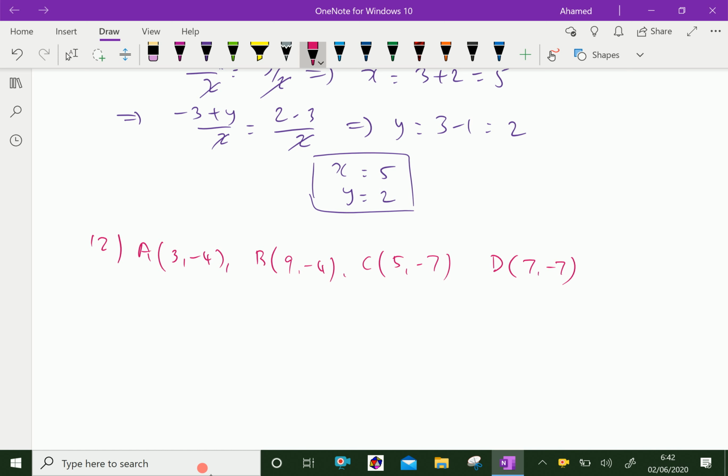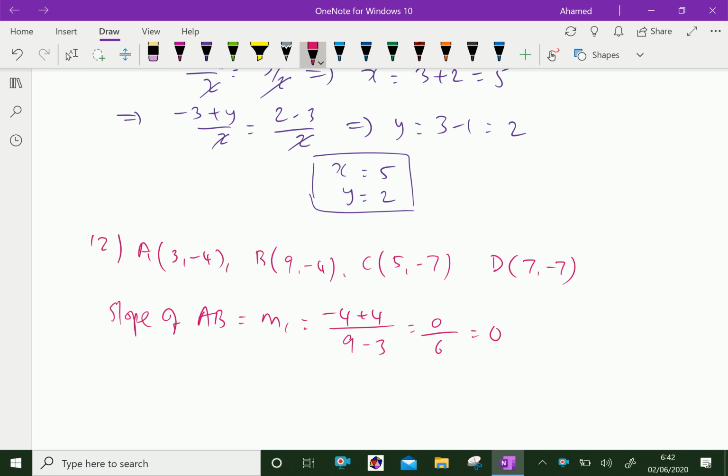Now, slope of AB, let it be m1, is here, (-4 - (-4))/(9 - 3), minus of minus 4 is plus 4, so 0 by 6 equals 0.